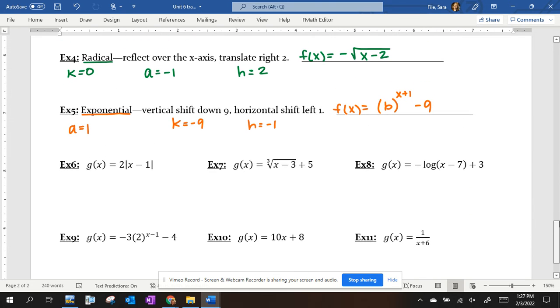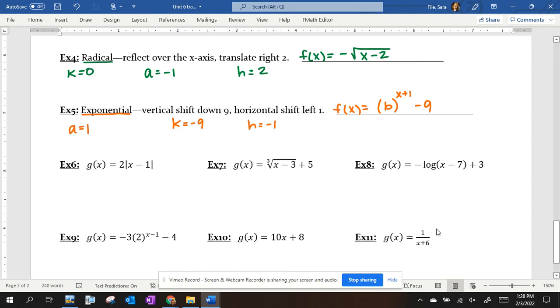Any questions about that type of question where you're going from a description to write the equation? All right, the last type that I'm going to ask you to do is, given the equation, you describe the transformation. You be able to graph it.